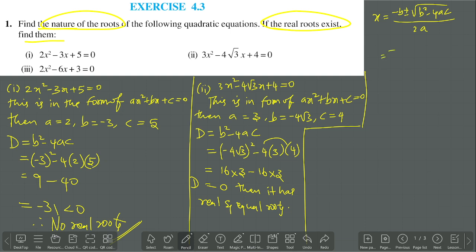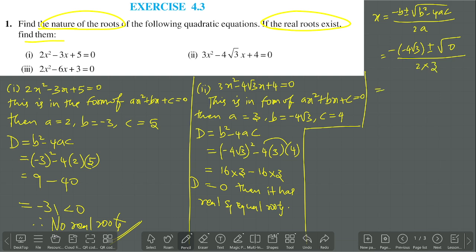Now, what is minus b? Minus of minus 4 root 3, plus or minus. b square minus 4ac we have solved, it is 0, so we can directly apply 0, whole divided by 2 into a, and the a value is 3.